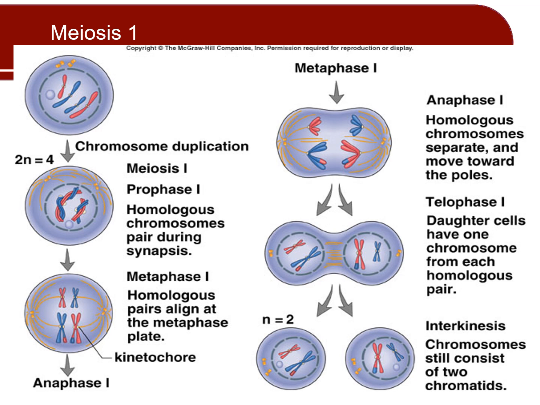They have the same names as the stages of mitosis, but since there's 2 rounds of divisions, in meiosis 1 the stages are called prophase 1, metaphase 1, anaphase 1, telophase 1, and then cytokinesis.